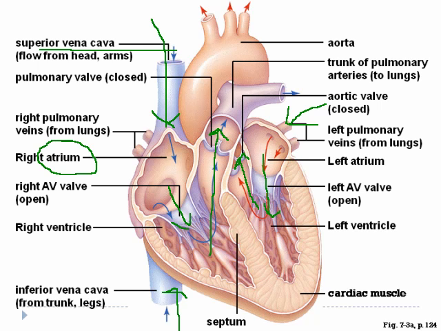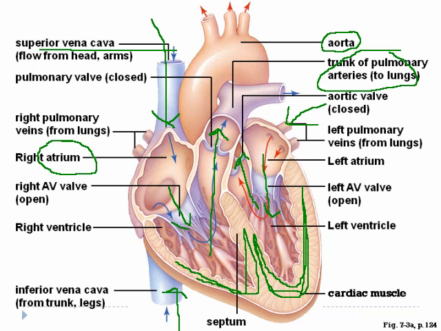If we're on the left side with this thick muscular wall that's sending things to the systemic circulation, that artery is called the aorta. If we're on the right side that doesn't have as thick of a wall, that artery is a pulmonary artery and it's just taking blood to the lungs. So the pattern is going to be the same.